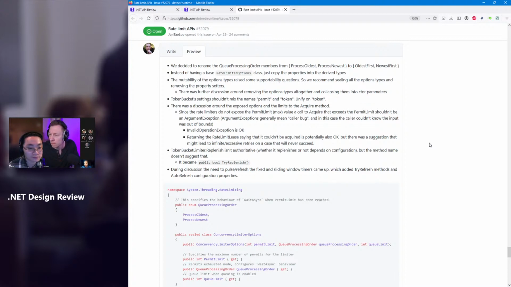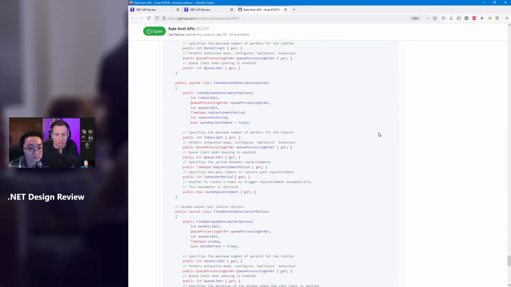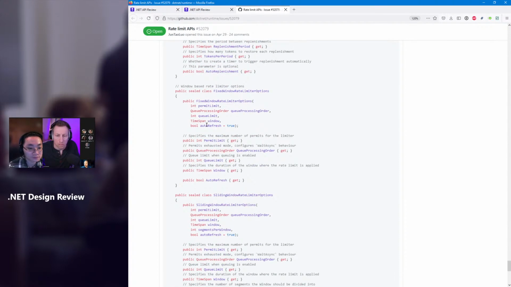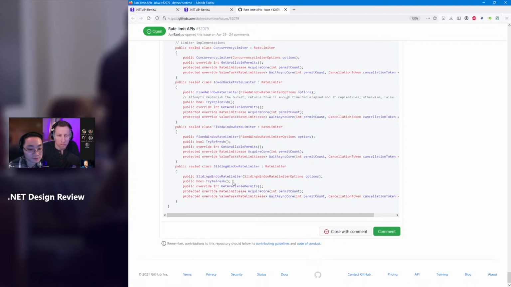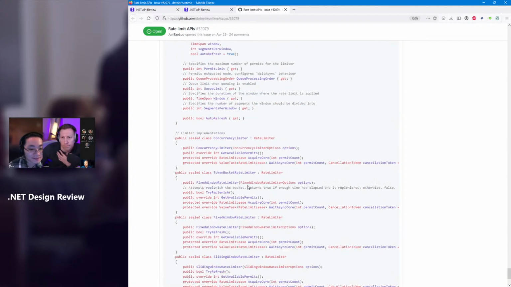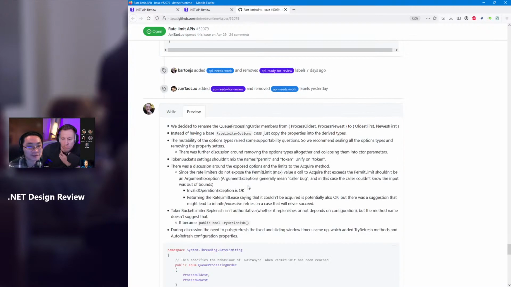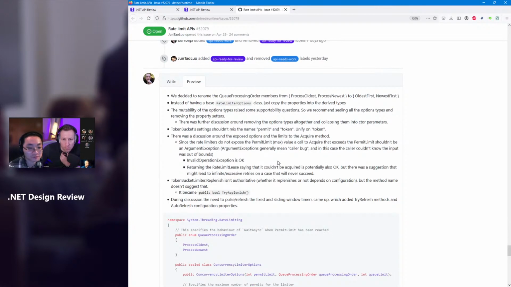We changed replenish to try replenish, and we added try refresh and auto refresh. So I added AutoRefresh equal true as a Boolean property, and similar on sliding, and we'll add try refresh. Perfect. All right. Is there anything we talked about that I didn't write down, or anything else that anybody wants to say on this issue?